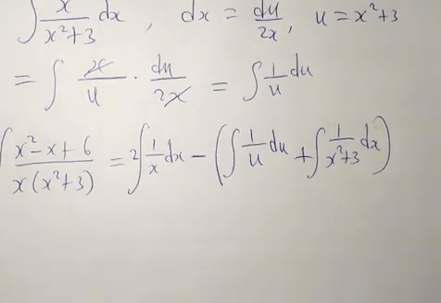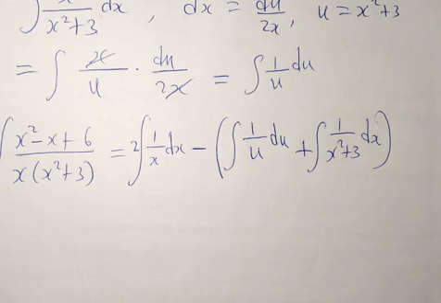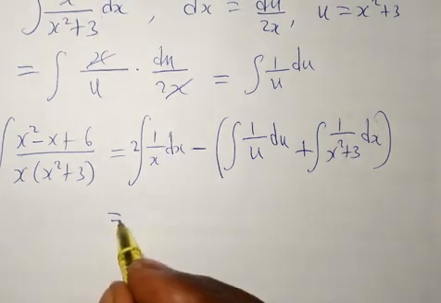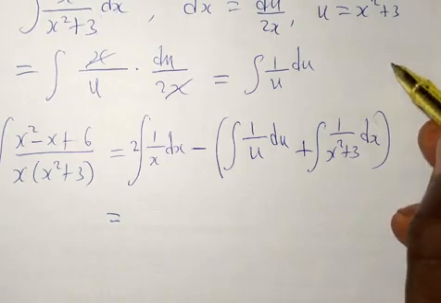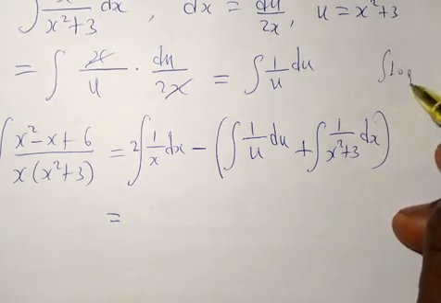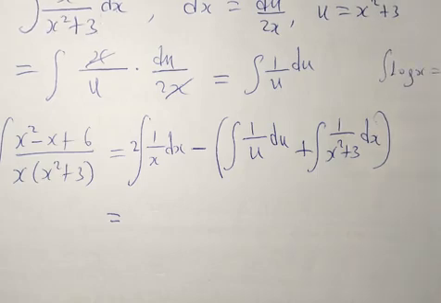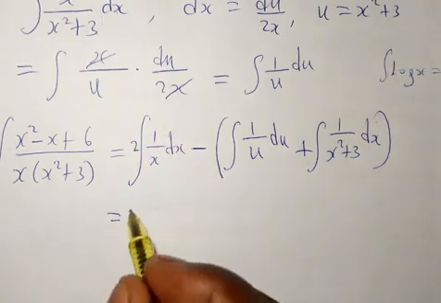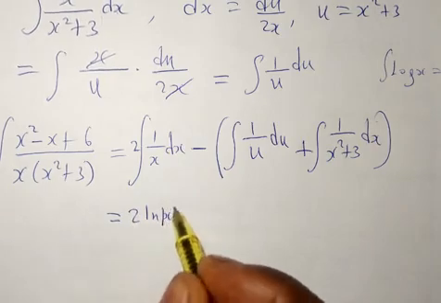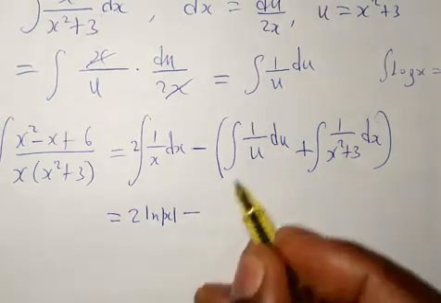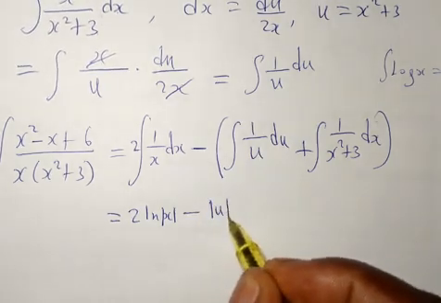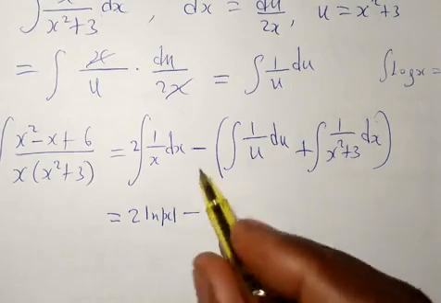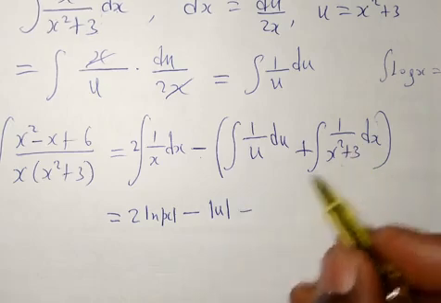Now, having gotten this one, we are drawing closer to finding the solution of this problem. So this will be equal to, recall that the integral of 1 all over x is ln x. So it means that when you integrate this one, it will be 2 ln x, in the form of absolute value, minus the same thing here. This will give us ln u, and then minus times plus is minus.